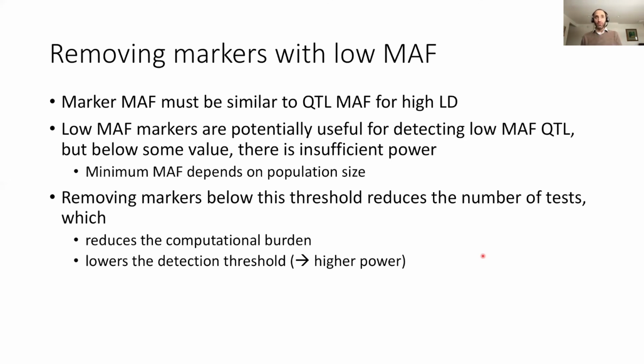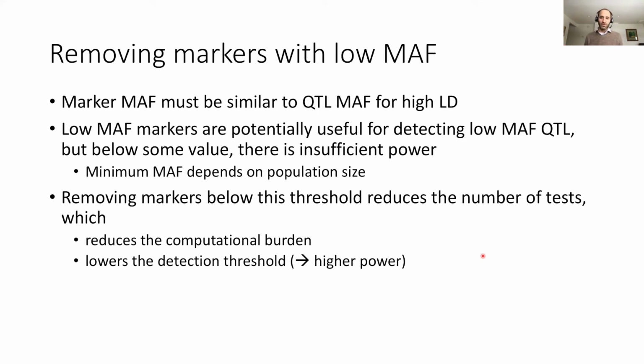And a marker with a low minor allele frequency is really useful for detecting a QTL with a low allele frequency, but you may not have power to detect that QTL because it doesn't explain enough of the variance. And therefore, keeping all these markers around that have a frequency below the value that you can even detect as QTL is wasteful from the perspective of the computational burden. It also means that you're just inflating the number of tests that you're conducting, and you have to then keep ratcheting up your threshold to control the false positive rate. So that in a nutshell is why it's wise to filter your data set.